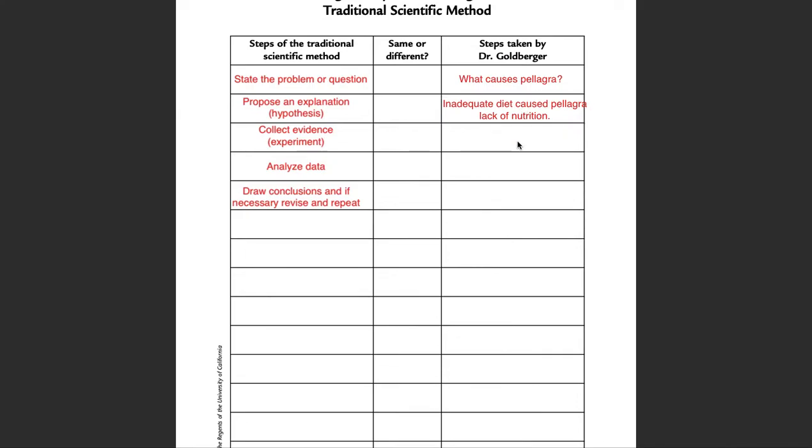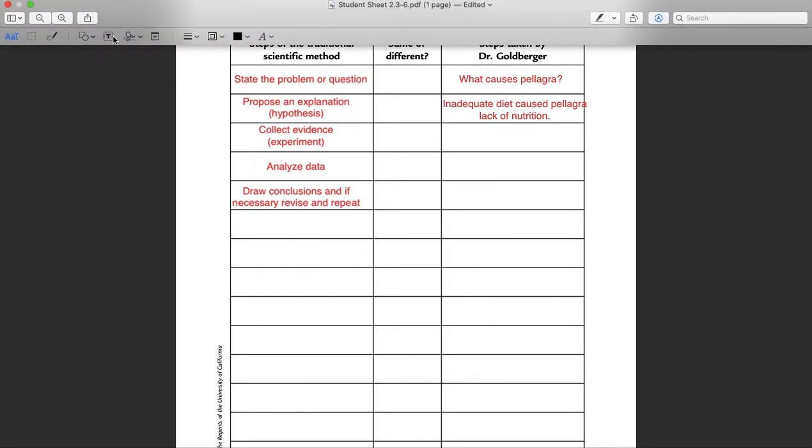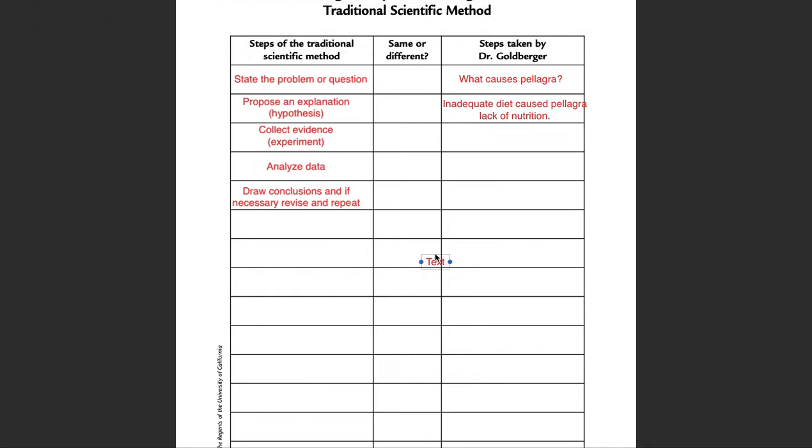Again, if you need to make corrections while going through this, please do so. That's why we're doing this. What evidence was he able to collect, or what experiments did he conduct? If we recall, he conducted 2 clinical trials, 2 studies. We'll use the orphanages as the main one.